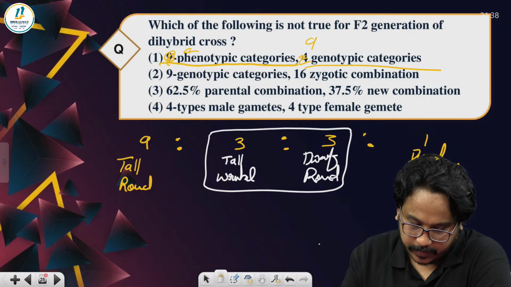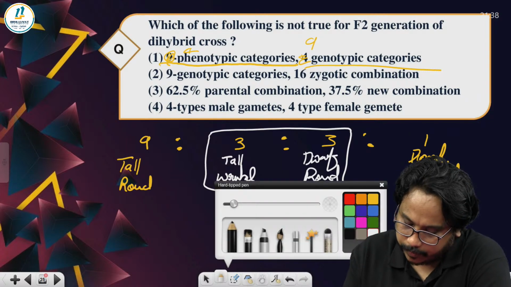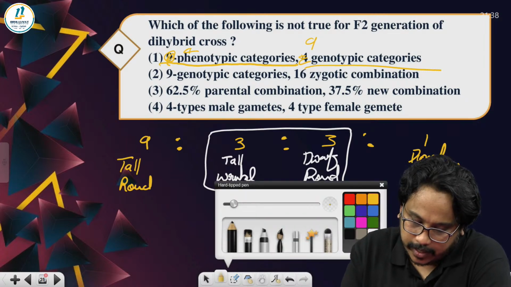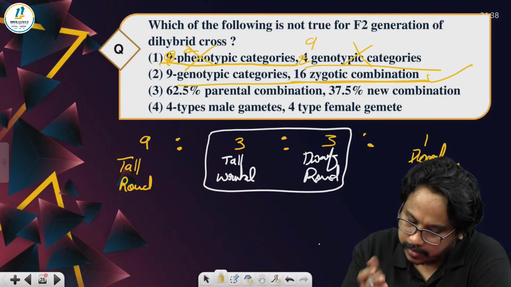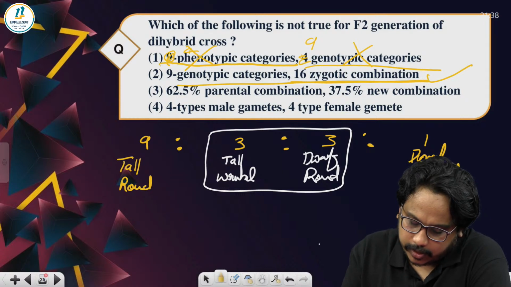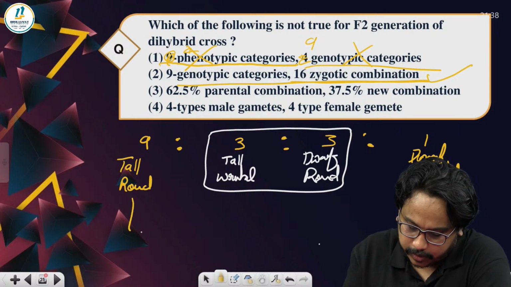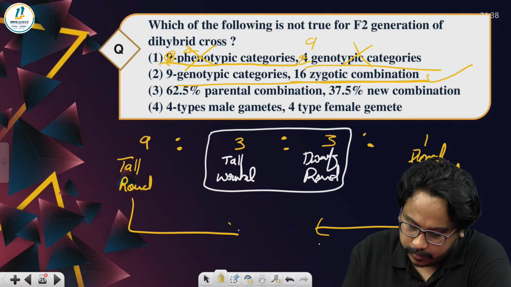That's all. Now let's see the other options also, like 9 genotypic categories and 16 zygotic combinations. That is correct. So the first option is actually wrong, that is incorrect. Then 62% is parental combination. 62% means what?